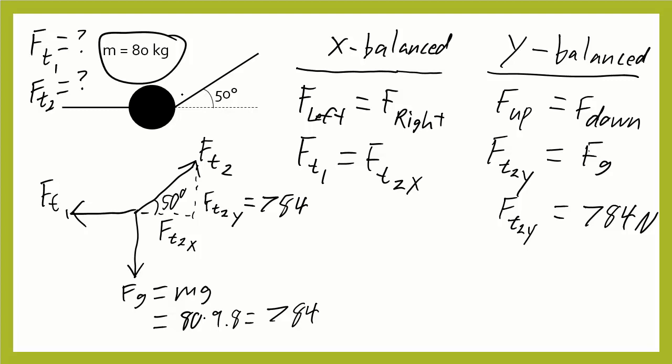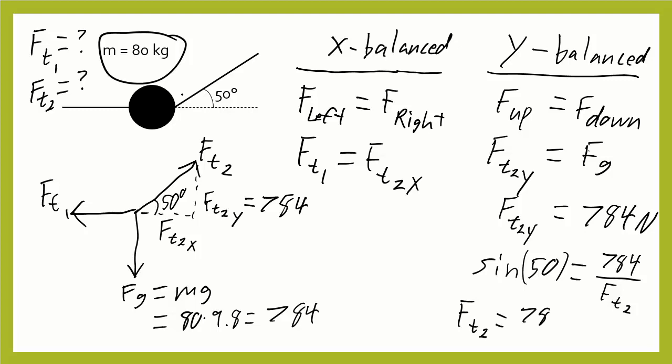So in order to do that, since this is the opposite, I'm going to have sine of 50 equals opposite over hypotenuse. So my opposite is my 784 over hypotenuse, which is Ft2. If I rearrange this, I'm going to get Ft2 equals 784 over sine of 50.